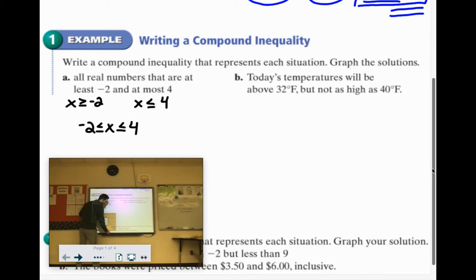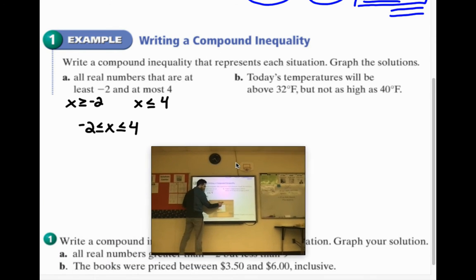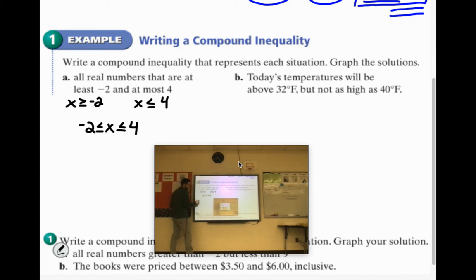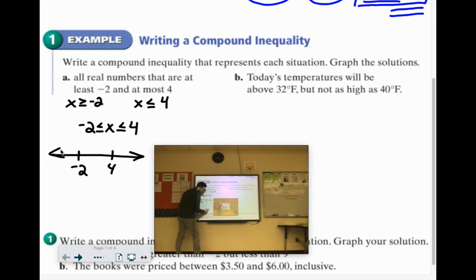Now as far as the graphing, which one is lower? Negative 2 is lower, so that goes on the left side, and positive 4 on the right. If you were just graphing the left portion, that would be a solid dot on negative 2, shading everything to the right.